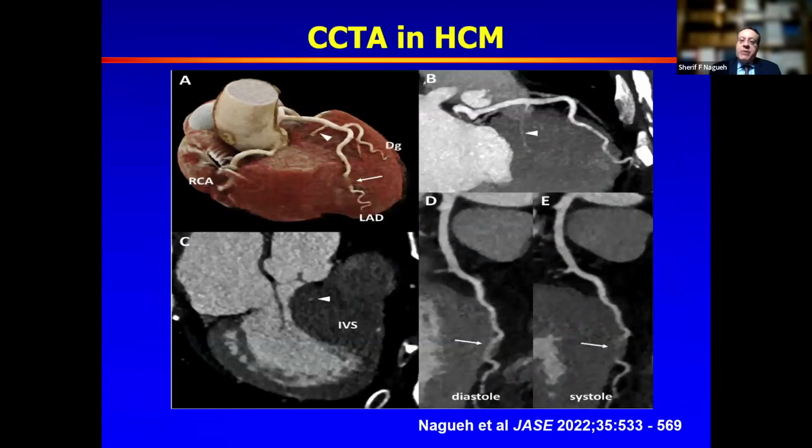Cardiac CT can play an important role in studying the epicardial vessels. So if we're looking for coronary atherosclerosis, certainly has a role. But aside from that, there are some unique reasons for looking at the CT in this patient population. Sometimes we plan alcohol septal ablation, and you want to know the course of the septal perforator arteries and what segment of the septum it supplies.